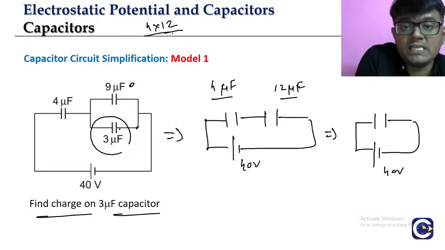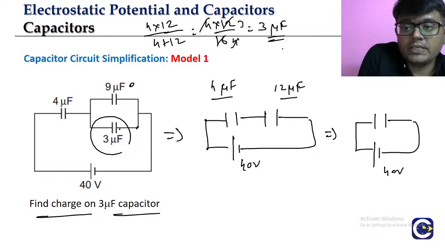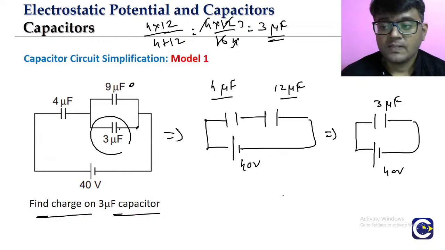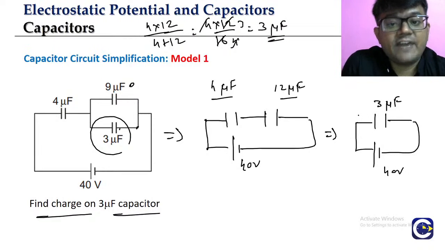C1 into C2 by C1 plus C2. So 4 into 12 by 4 plus 12, that is 4 into 12 by 16, which is 3 microfarad. So this 3 microfarad is the final equivalent.